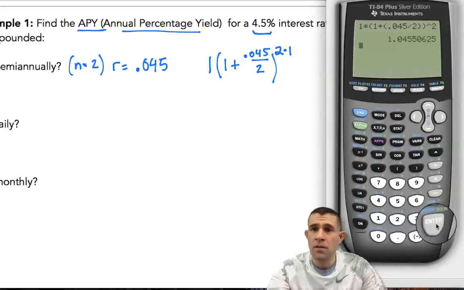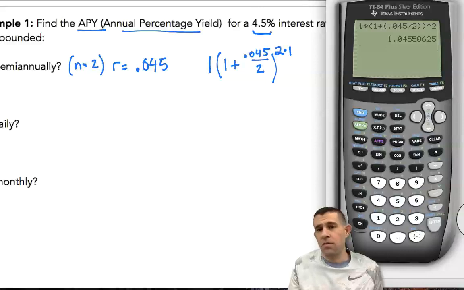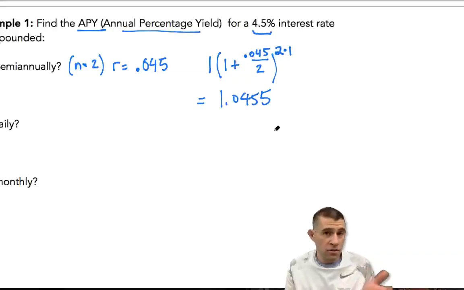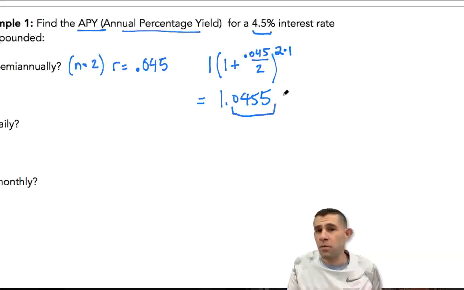So we can go ahead and hit enter, and the result we get here is 1.0455. So if I come back over here to my notes, this is going to come out to 1.0455. Now if I change this back to a percentage, I'm looking at 0.0455.